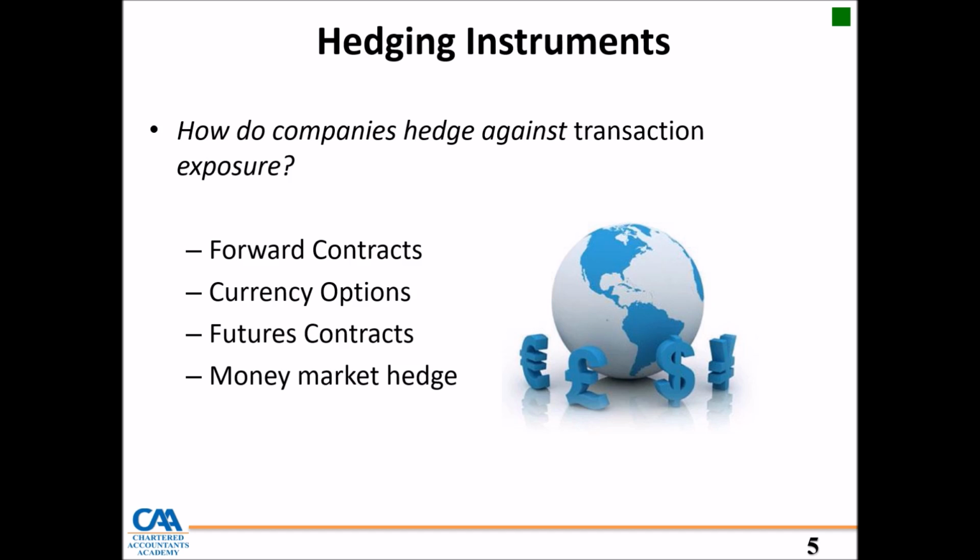I can also enter into a futures contract which have similar characteristics to a forward contract, where I would need to set the price today. So I go into the futures market. I want to buy foreign currency in 3 months' time to purchase my machinery.